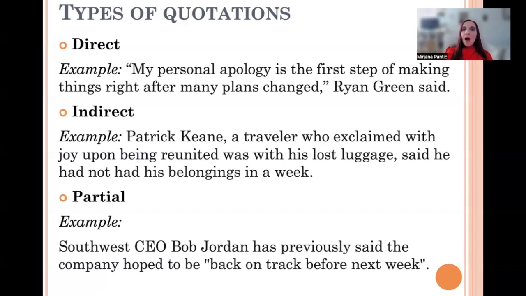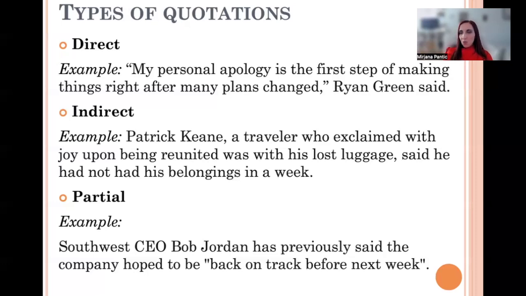Patrick Keane, a traveler who exclaimed with joy upon being reunited with his lost luggage, said he had not had his belongings in a week. For a sentence like this, you don't really need a direct quotation, but if you just want to quote that person indirectly, you don't use any quotation marks. You just basically paraphrase them a little. Oh, he said this, and so on.